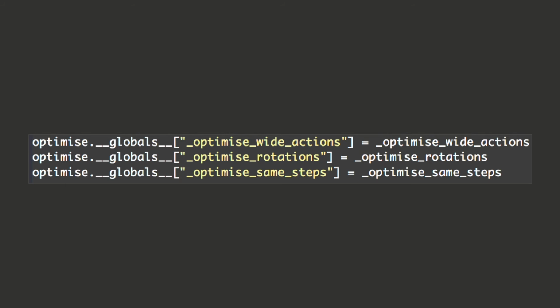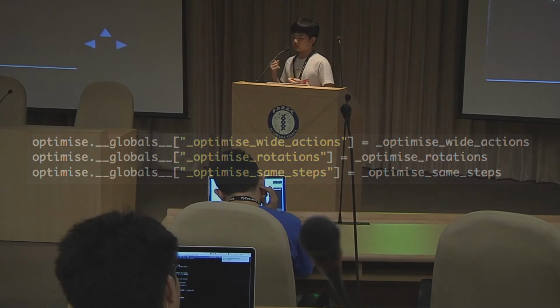But that's too normal. I want to do it as fun as I can. So I did a trick like this, which is I add the global variables of a function so that the optimize function will have a variable called _optimize_wide_actions.